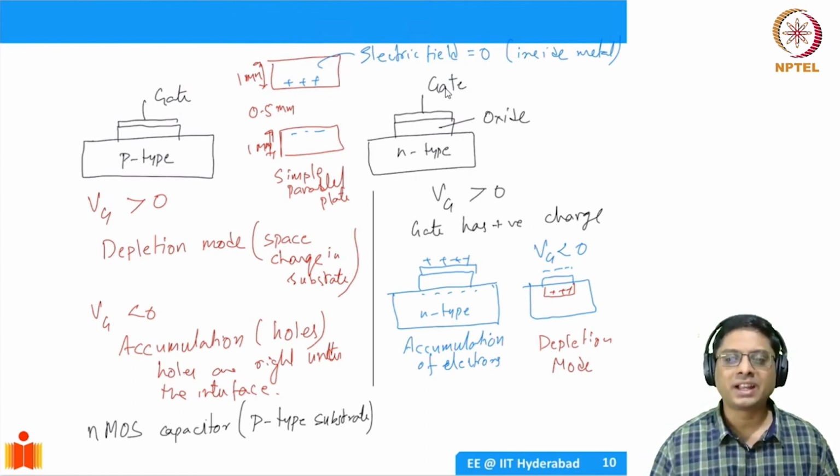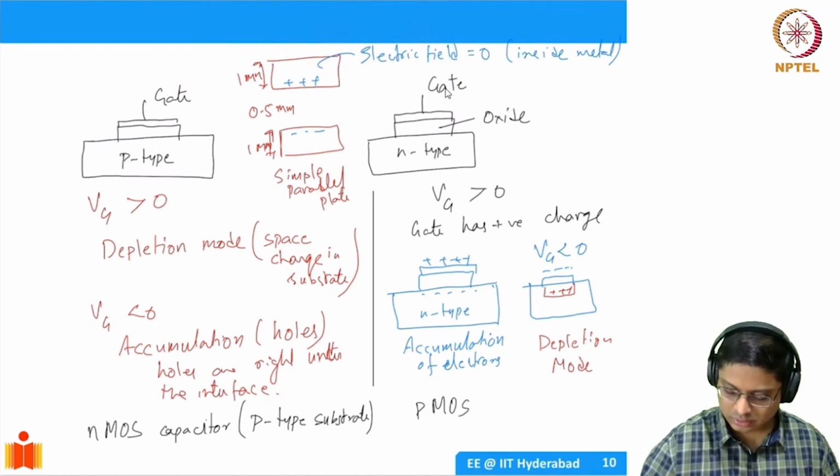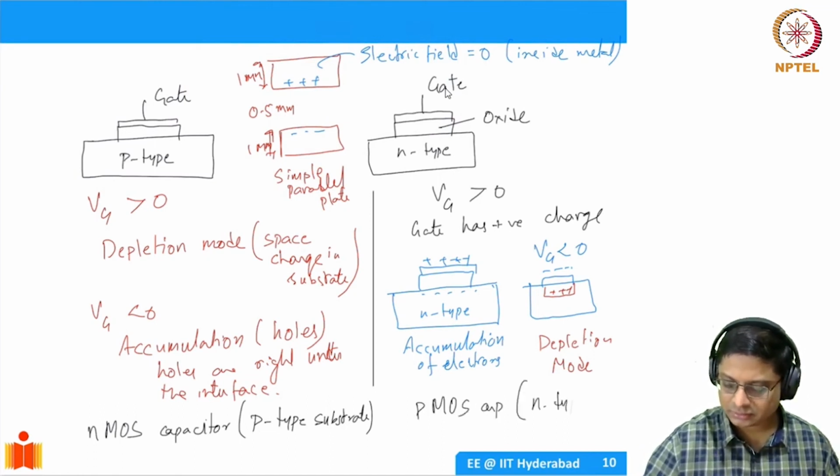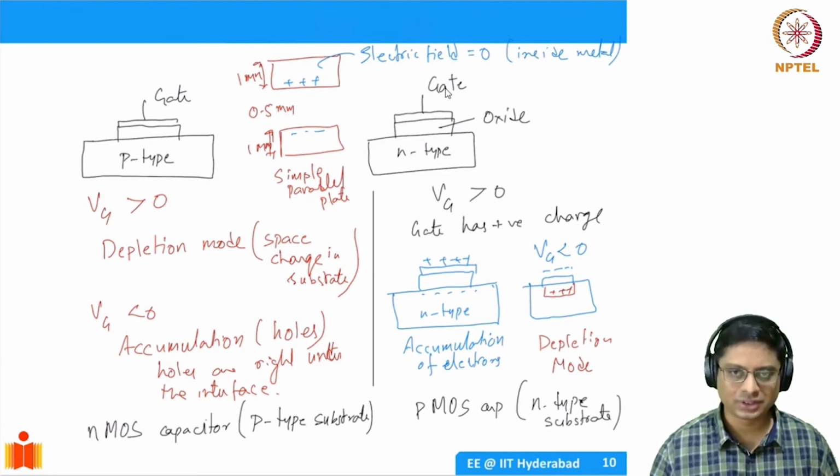It depends. If you have an n-type substrate, we call this a PMOS capacitor, PMOSCAP, and for a p-type substrate, NMOSCAP. And the behavior is exactly opposite.